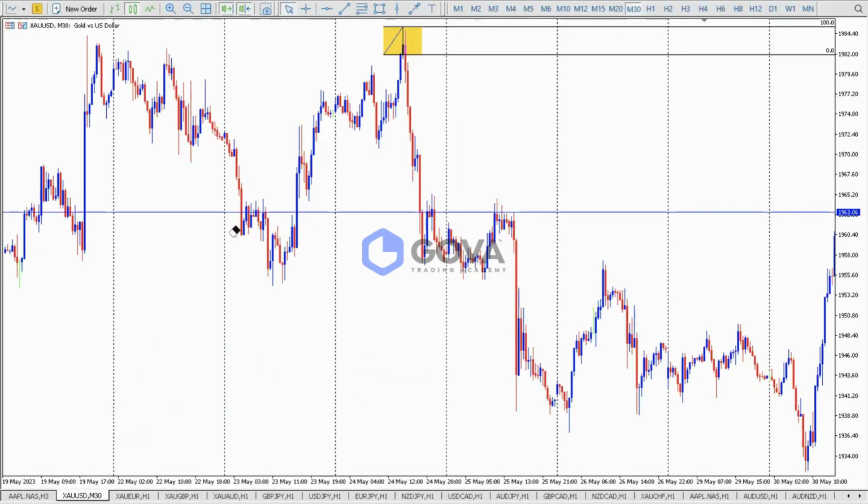For a sell trade, after marking the equilibrium line, you need to determine the trend. So the trend is going to tell you whether it's going to be a sell trade and so forth, okay? So you can see here, the trend is a downtrend.